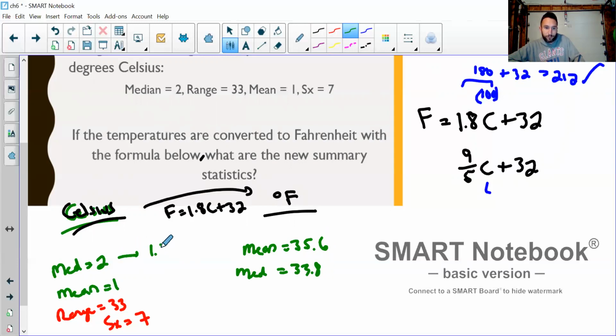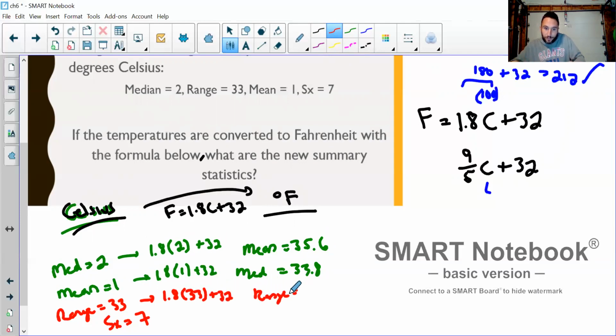You're like, where'd those come from? We're just plugging the number into the formula. 1.8 times 2 plus 32, and then 1.8 times 1 plus 32. And then I would bet I would see a lot of this: 1.8 times 33 plus 32, which gives us a new range of, probably should have done this beforehand, 91.4.